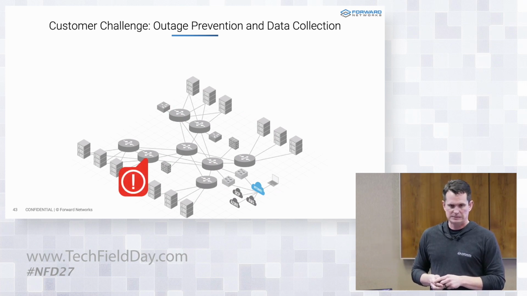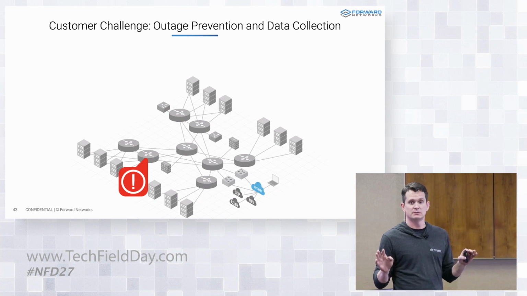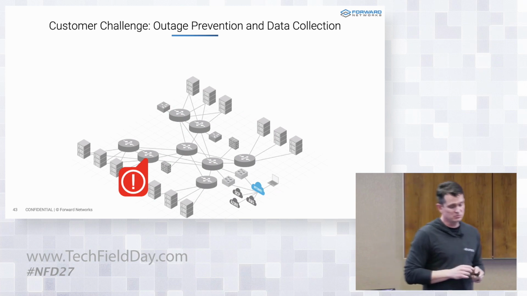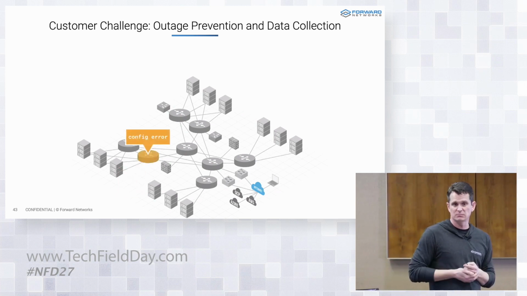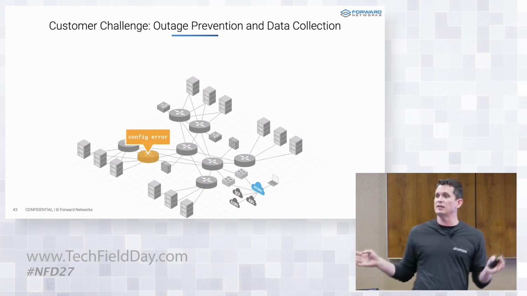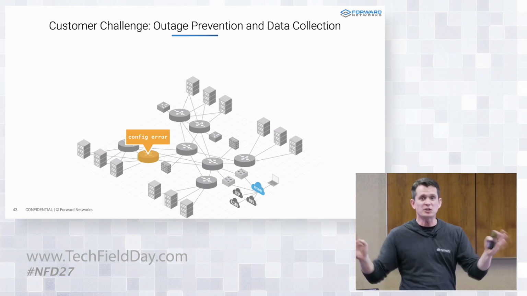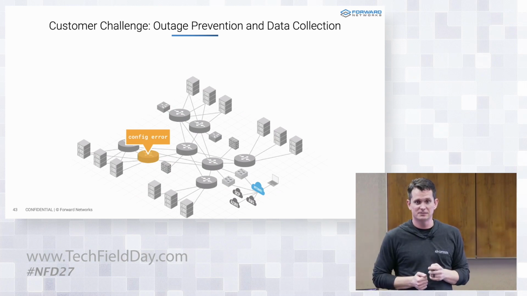Then there was an outage. And it was their highest revenue generating site. Everybody was going nuts. They found the issue, configuration problem. But of course, what's the first question everybody gets the next day? Anybody? How do we make sure it never happens again, right?